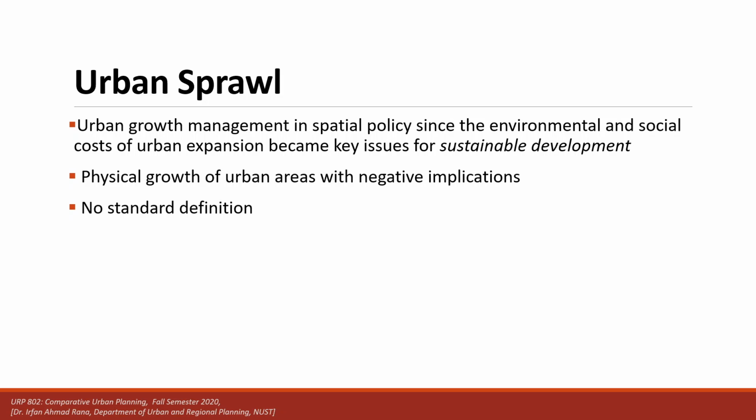Recently, this type of development has received a lot of attention by various urban planners, scientists, and policymakers or decision makers for catering to SDG 11, that is, sustainable cities and communities. We don't have a standard definition, but the terminology used is usually urban sprawl, suburban sprawl, or rural sprawl.